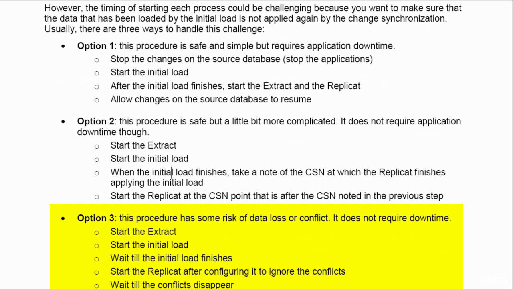That's why the replicate will be configured in a way to ignore the conflicts, as you learned already in the previous lecture. With this approach, you keep an eye on the conflicts, and in theory, as time goes on, they eventually disappear. I don't personally like this approach, but still it could work fine in some cases, and it is well documented in Oracle Golden Gate documentation.